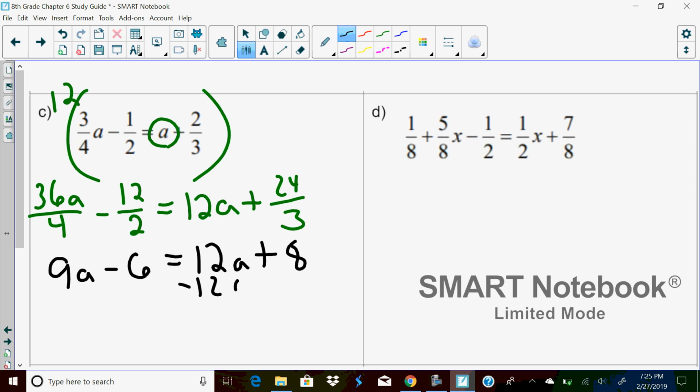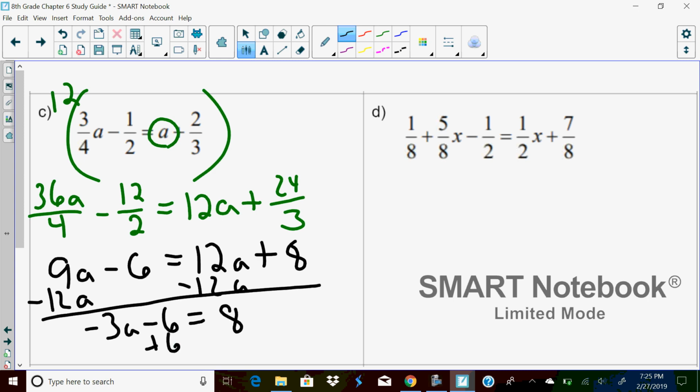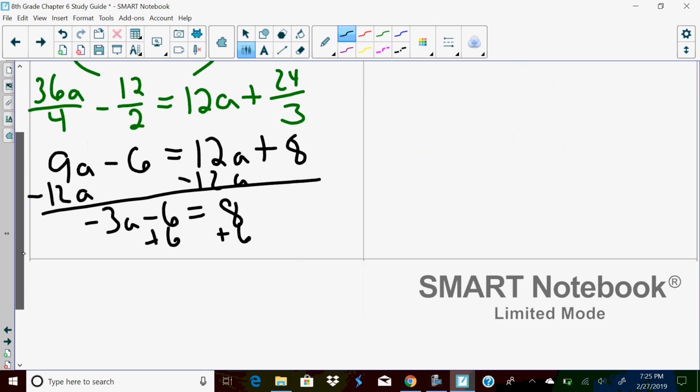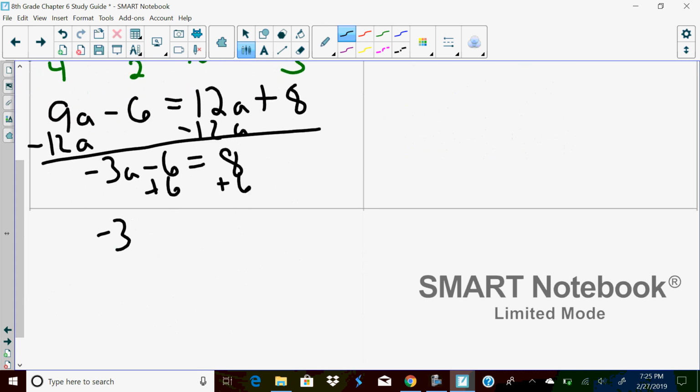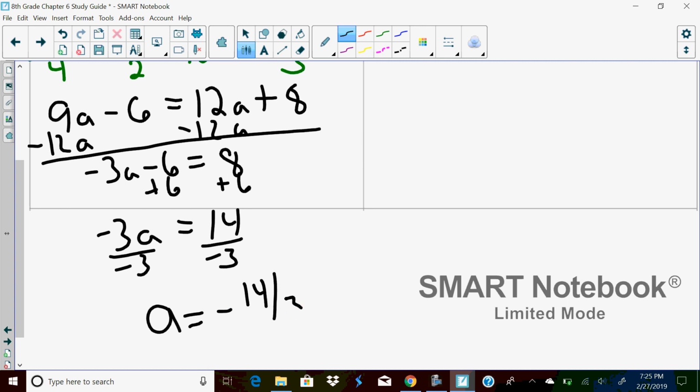So I'm going to subtract 12a from both sides. So I get negative 3a minus 6 equals 8. So I'm going to get negative 3a equals 14, divided by negative 3. Again, I'm going to leave it as a fraction, negative 14 over 3.